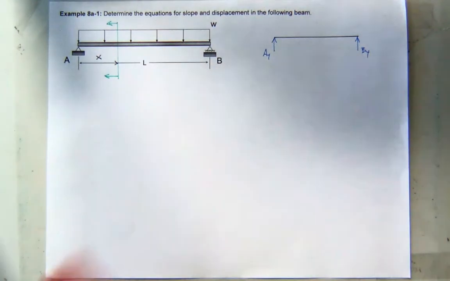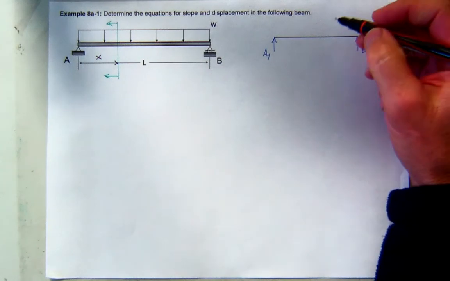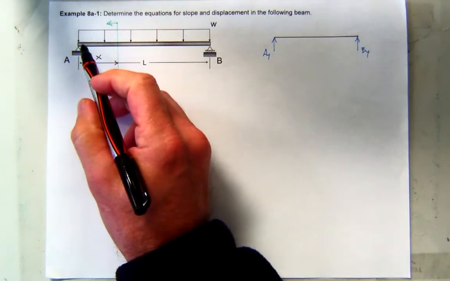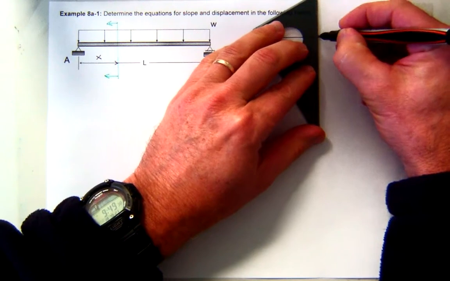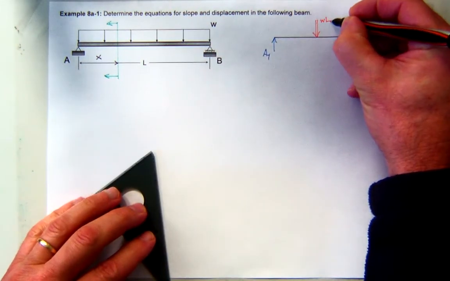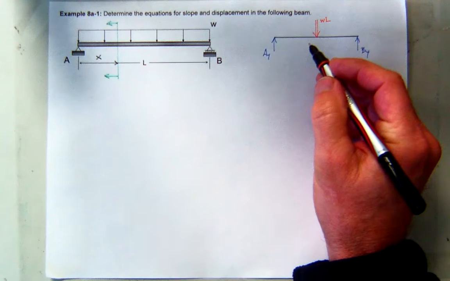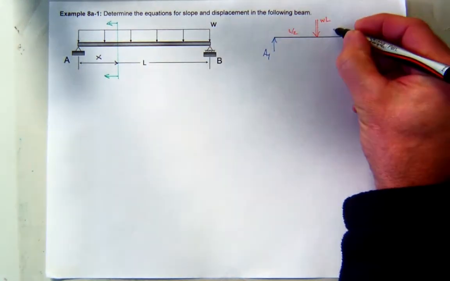Instead of dealing with the distributed load in that form, we'll deal with the concentrated equivalent. It's a rectangle, base times height, so this particular force will be WL. And it happens through the centroid. The centroid's right in the middle, and that'll be L over 2.